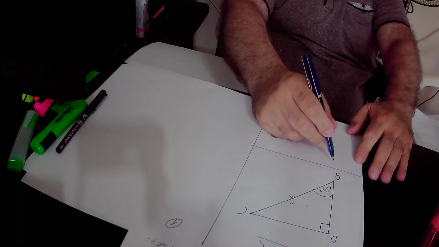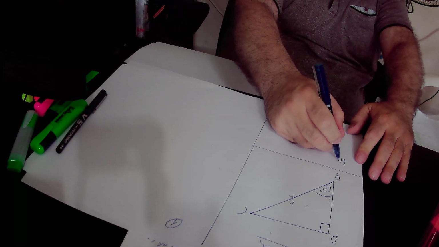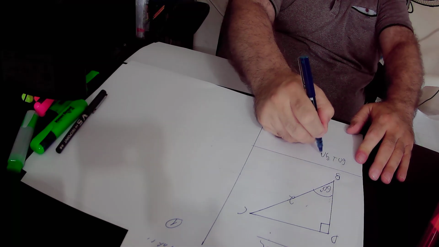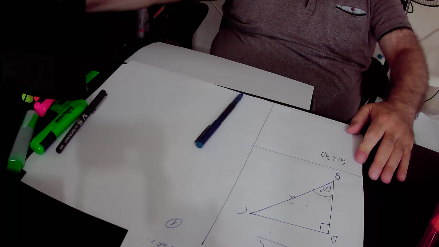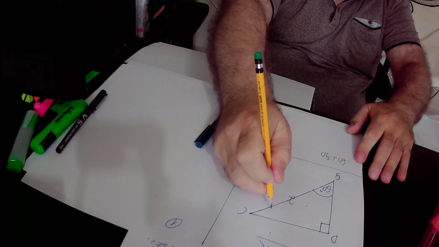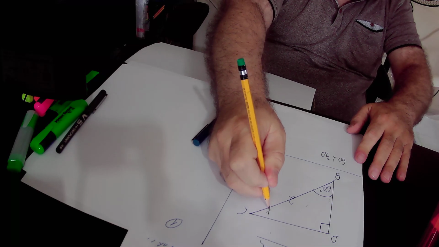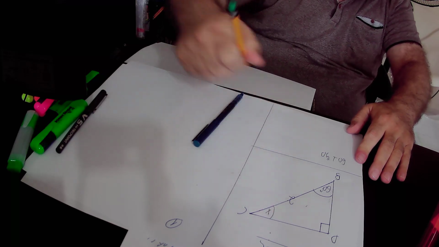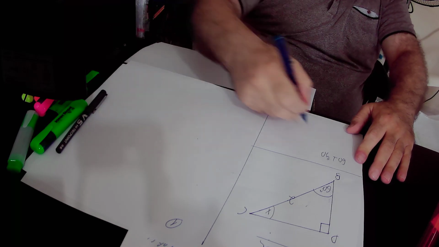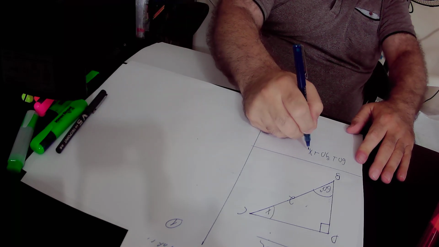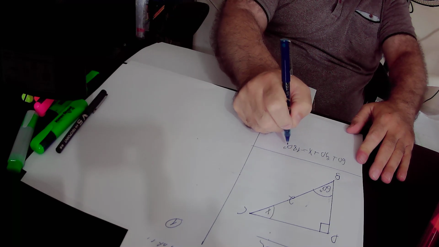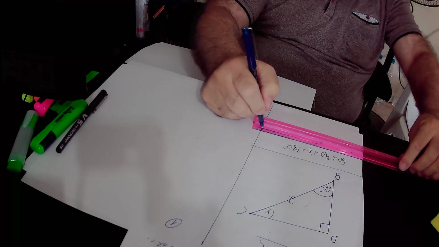We have this angle that is equal to 60 degrees, plus this angle that is equal to 90 degrees, plus this angle that we will define as angle X. In total, the sum of those three angles must be equal to 180 degrees, according to the rule that the sum of the angles in any triangle is equal to 180 degrees.